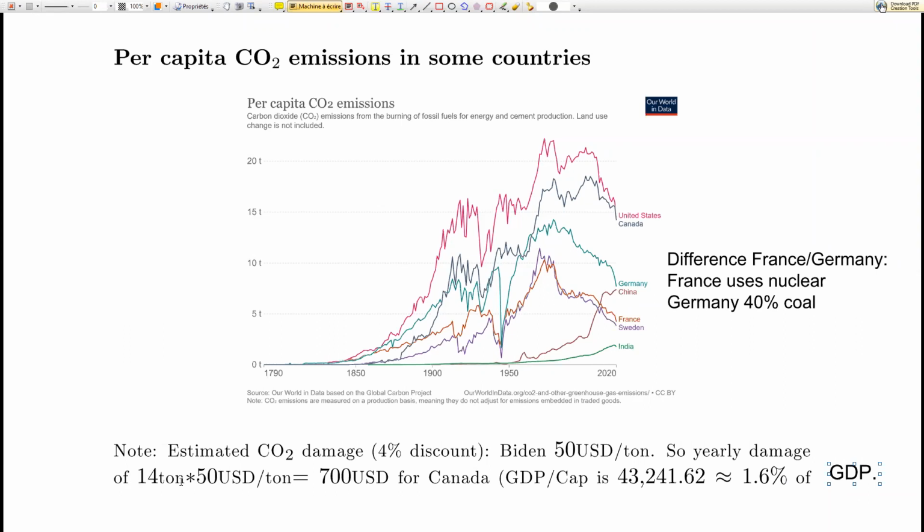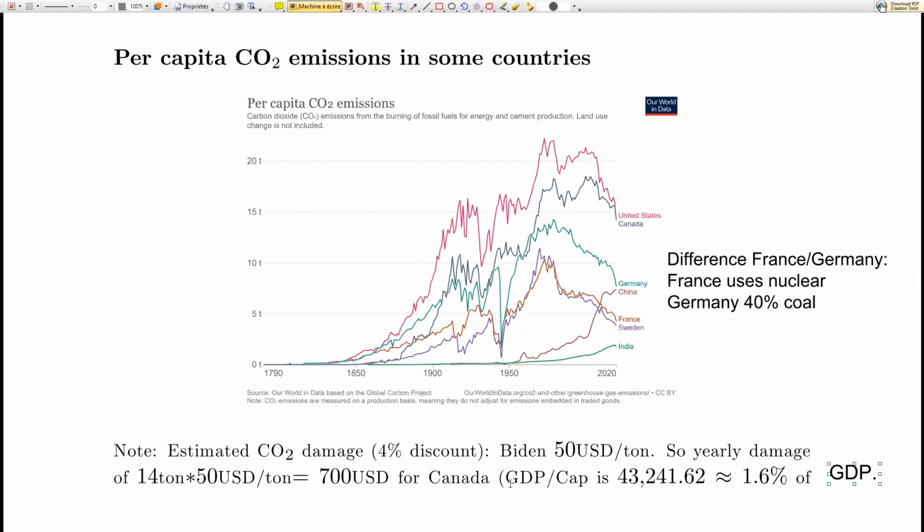So we can just say 14 tons times $50 per ton means that the cost is about $700 per person. So it means that on average, if you're an average Canadian citizen, you're causing $700 of damage per year just for living and being a Canadian, which is not trivial at all.